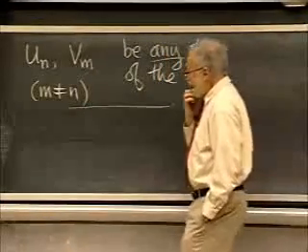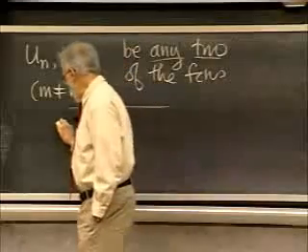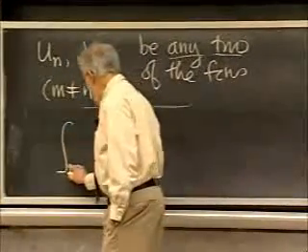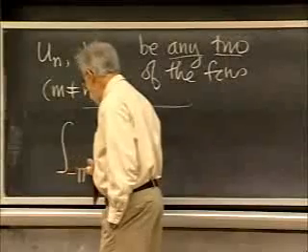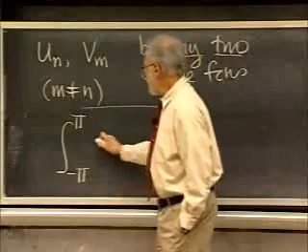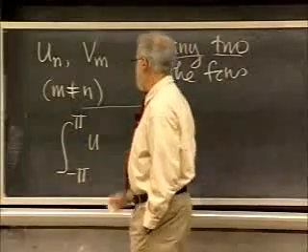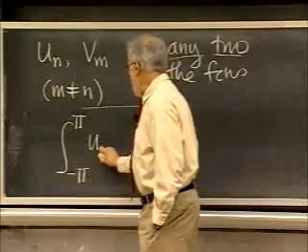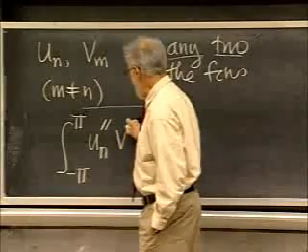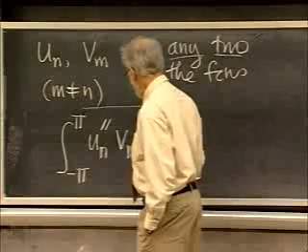And now what we're going to calculate is the integral from minus pi to pi of u_n double prime times v_m dt.